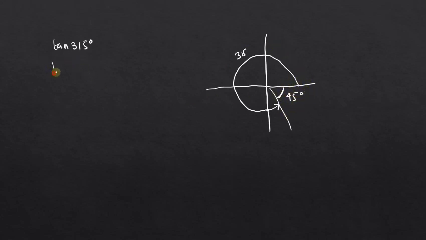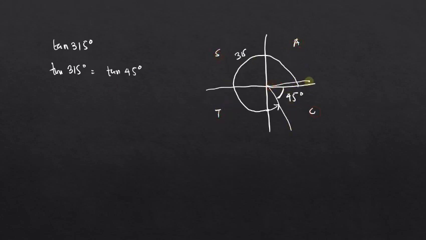So tan 315 degrees will be equal to tan of 45 degrees, but we don't know the sign, so we'll use the CAST system to find what the sign will be.